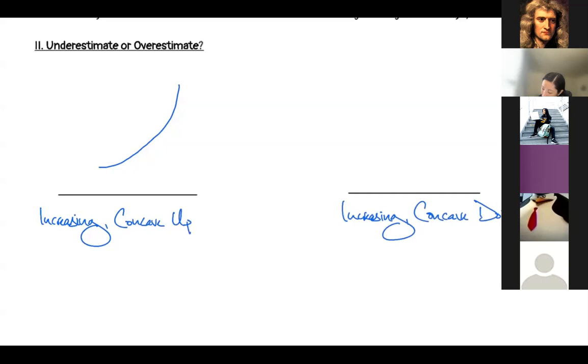And so that might look something more like this. Okay. Do we see how they're both increasing? Like both functions, the y values go up, but one of them is concave up and one of them is concave down.